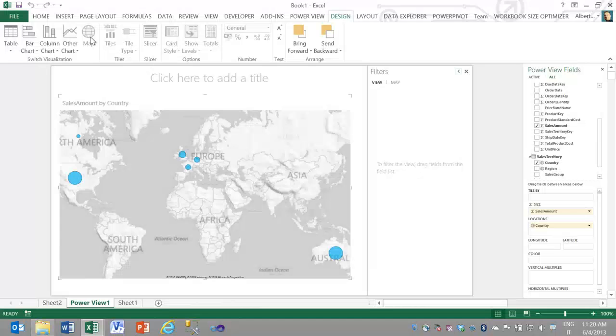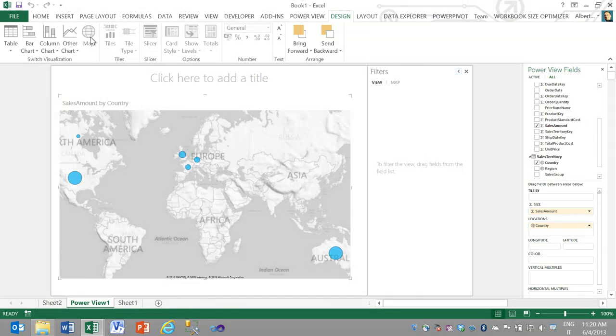What happens behind the scenes is that Power View analyzes the information inside the tables, needs to do geographical resolution, so to find where each point is in the area. So it takes this data, sends it to Bing over the web.